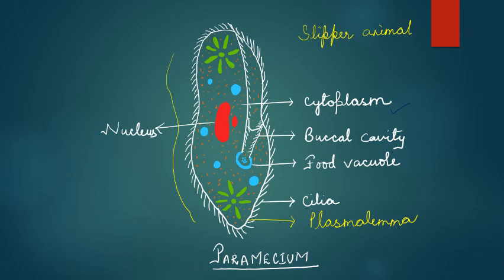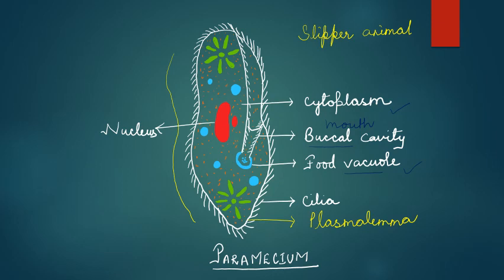This buccal cavity is the mouth cavity. Buccal refers to mouth. So this is the mouth cavity through which it catches its prey. Then there are a number of food vacuoles, and these vacuoles are responsible for the digestion of the food or the prey which it has engulfed.